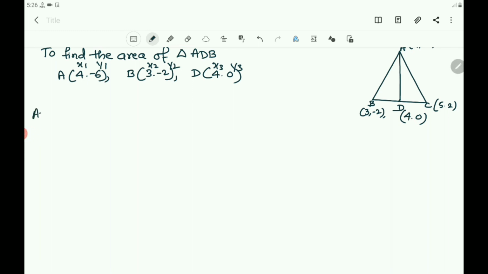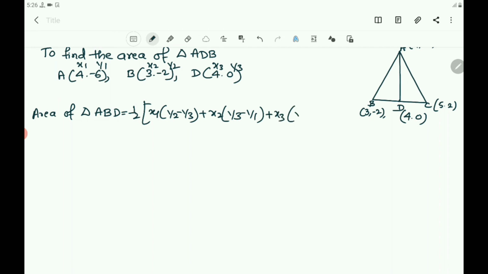Write the formula for the area of the triangle. Area of triangle ABD equals half into x1 into (y2 minus y3) plus x2 into (y3 minus y1) plus x3 into (y1 minus y2).